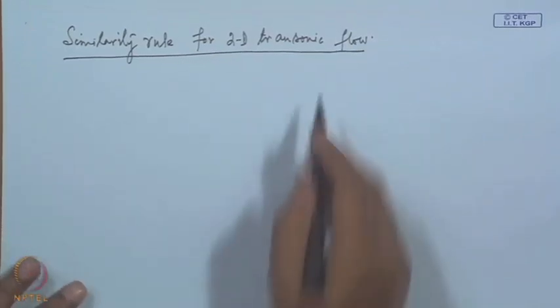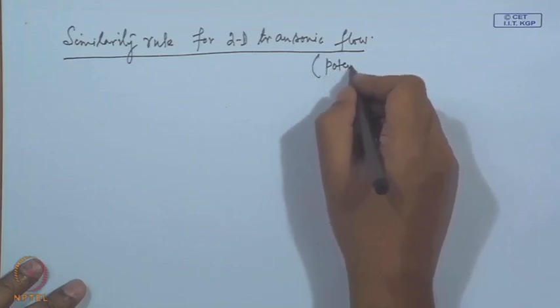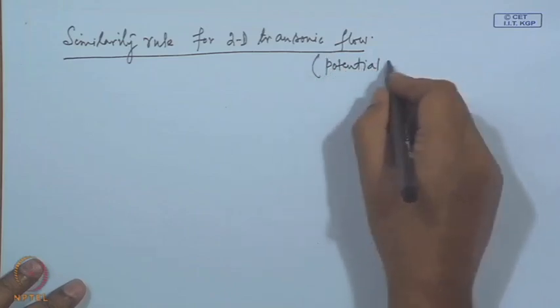For the transonic flow, of course, linear potential flow, small disturbance potential flow.